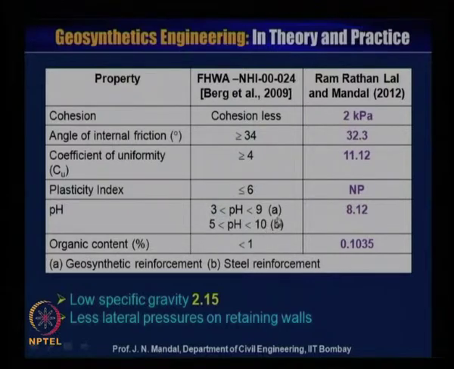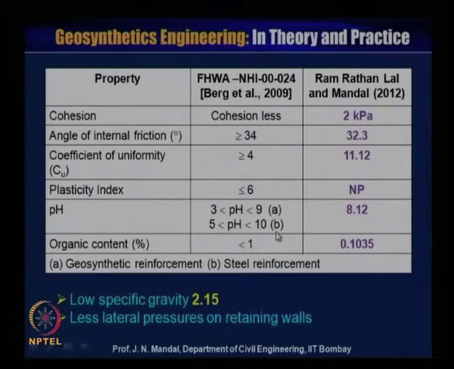We use geosynthetics as reinforcement, and we obtained a pH of 8.12, so it satisfies the criteria. The organic content in fly ash should be less than 1, and we obtained 0.1035, so it satisfies.